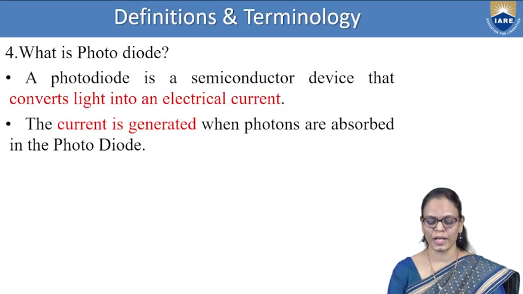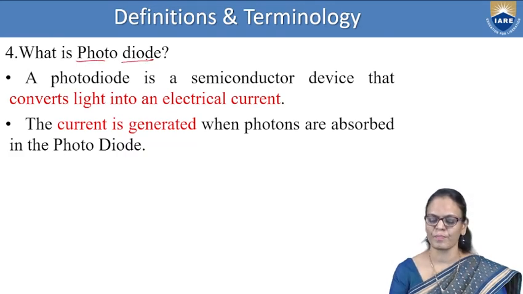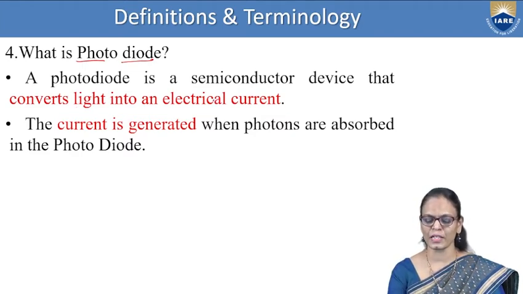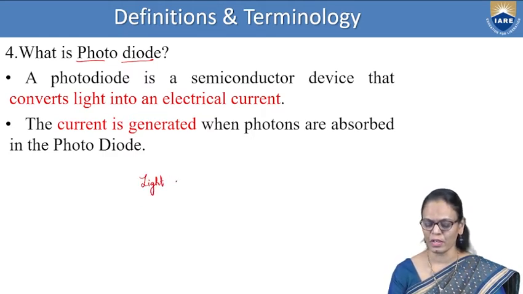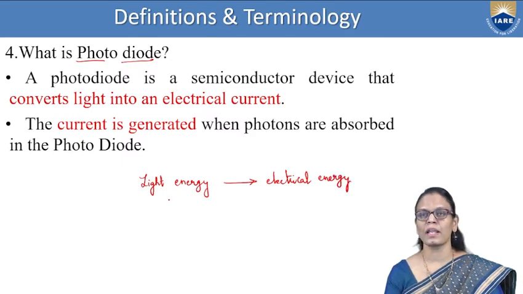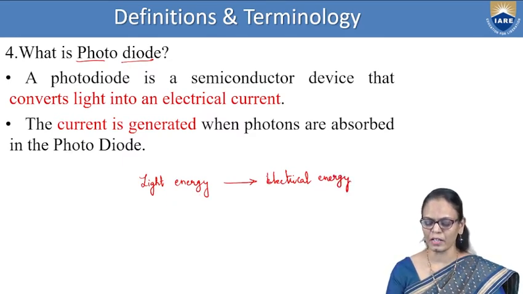Now, what is a photodiode? A photodiode is a semiconductor device that converts light into electric current. In a photodiode, we always see the conversion of light energy into electrical energy. So what is the principle here? Conversion of light energy into electrical energy.